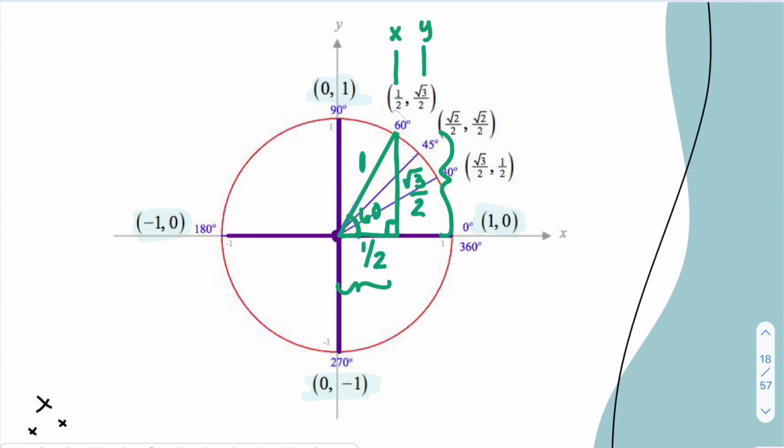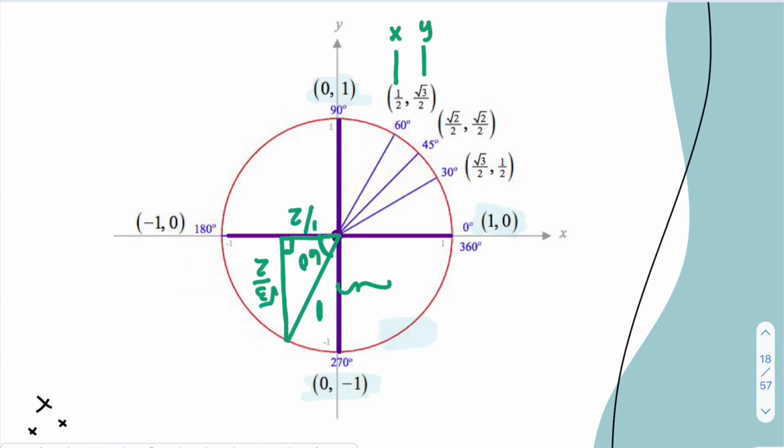We could also take this triangle and put it in a different quadrant. So now, for example, I took this triangle and I rotated it into the third quadrant. Okay, the things are upside down, so let's get rid of those now. But it's still got a reference angle of 60 degrees and a hypotenuse of 1.